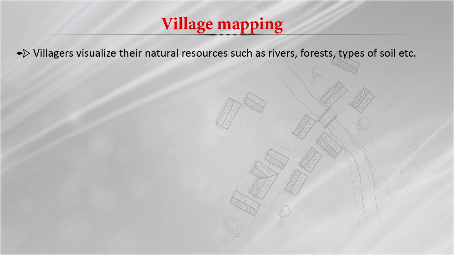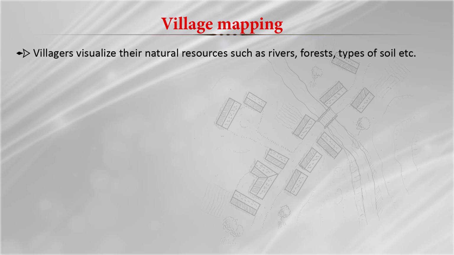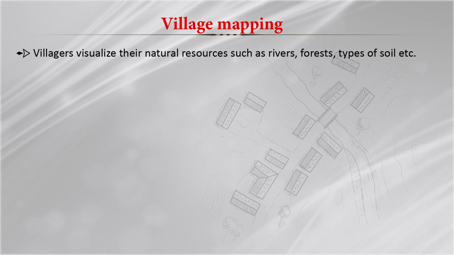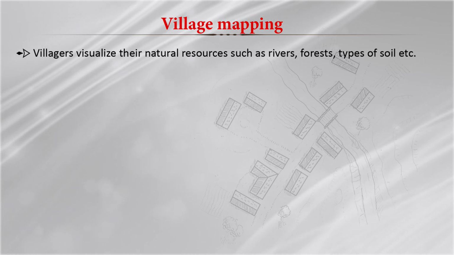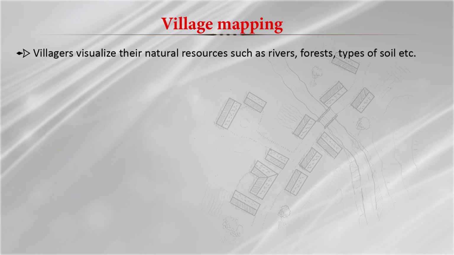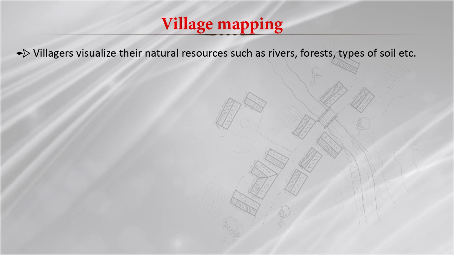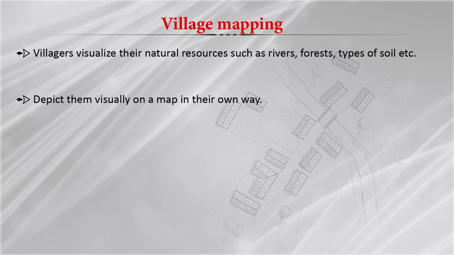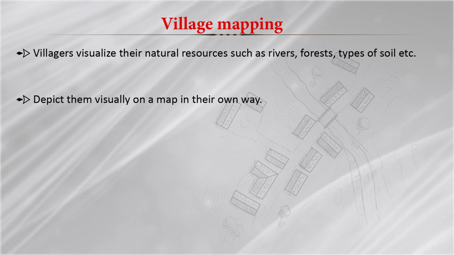Now we'll move to the different techniques as we have listed here, and village mapping is the first technique used in the PRA methodology. Here the villagers visualize their natural resources such as rivers, forest, type of soil, whatever natural resources are available, and depict them visually on a map in their own way.